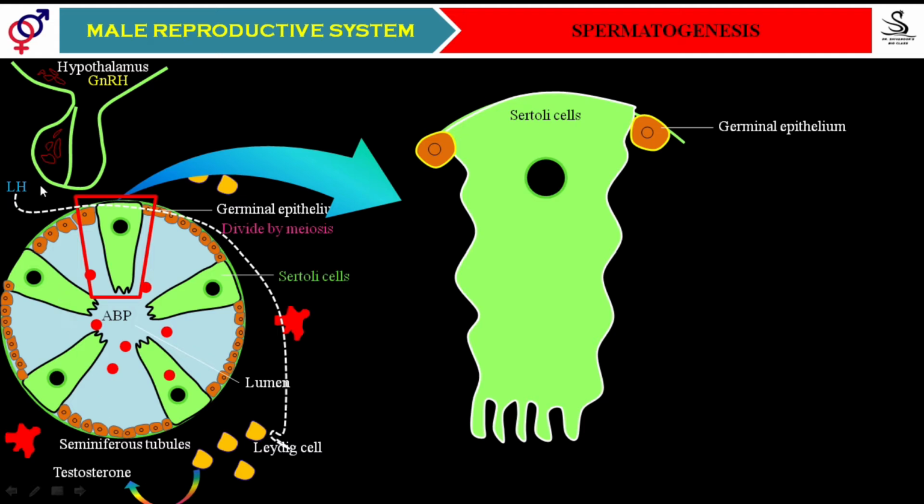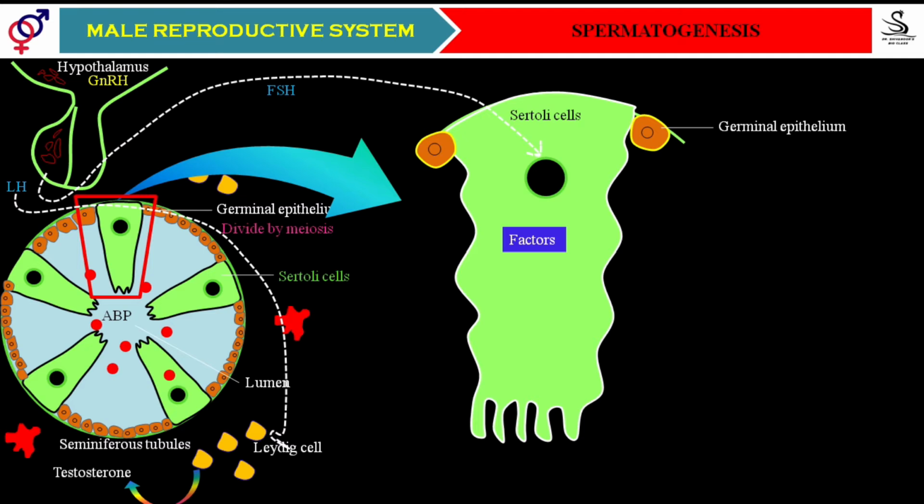At the same time, in case of male, FSH is secreted, and this FSH travels through the blood and acts on the Sertoli cells. Once the Sertoli cells are activated by the FSH, they start to secrete several factors.